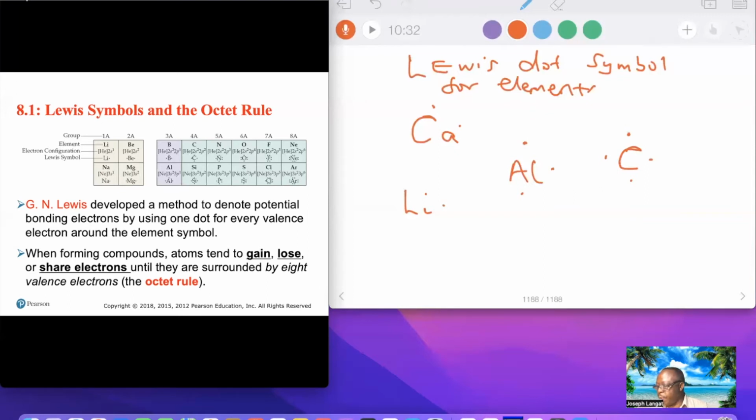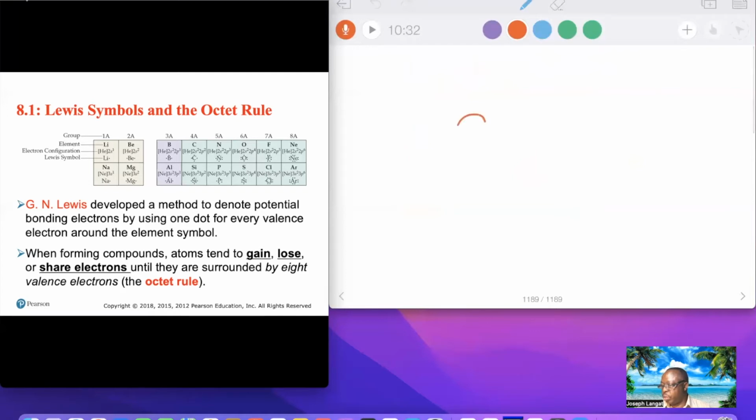Now, beyond 4, let's say nitrogen. Nitrogen is in 5A, so 1, 2, 3, 4, 5. And if I look at nitrogen, it has 2 paired electrons. Oxygen is in group 6A, so 1, 2, 3, 4, 5, 6.